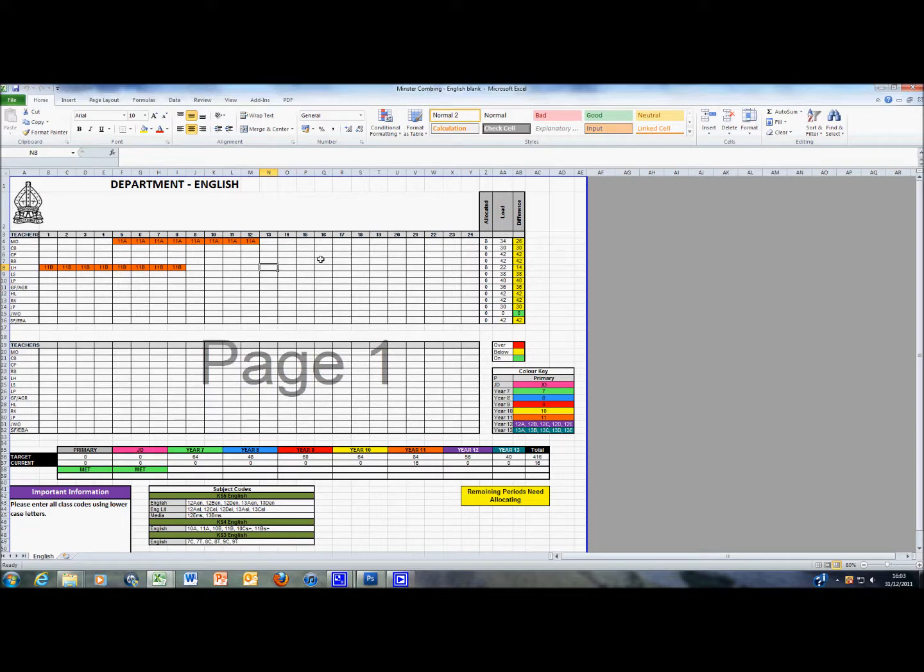Let's assume, for example, that MO teaches 6 periods of English in the 10A half. And let's also assume that LH teaches 6 periods in the 10B English half.